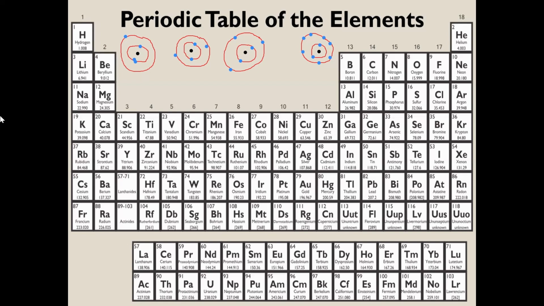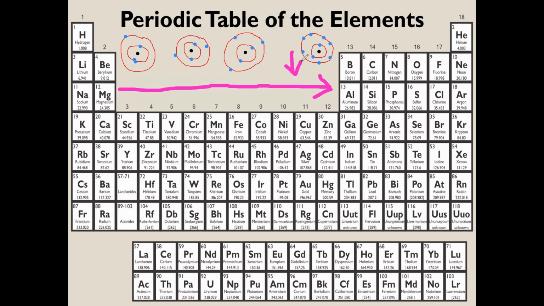Moving from the right to the left over the same period, the radius decreases. Again, why?